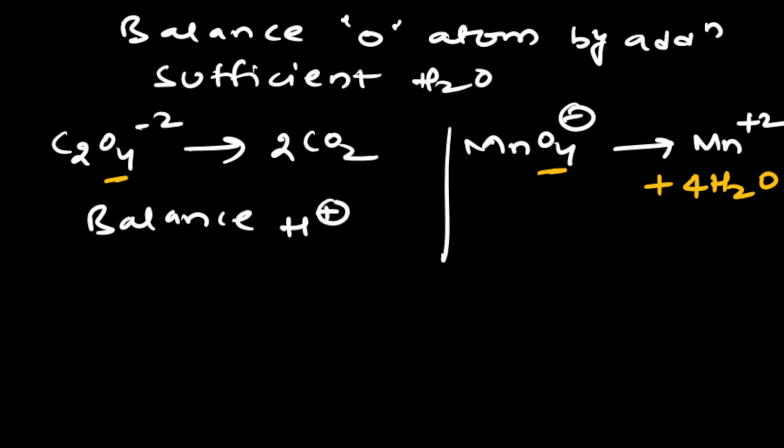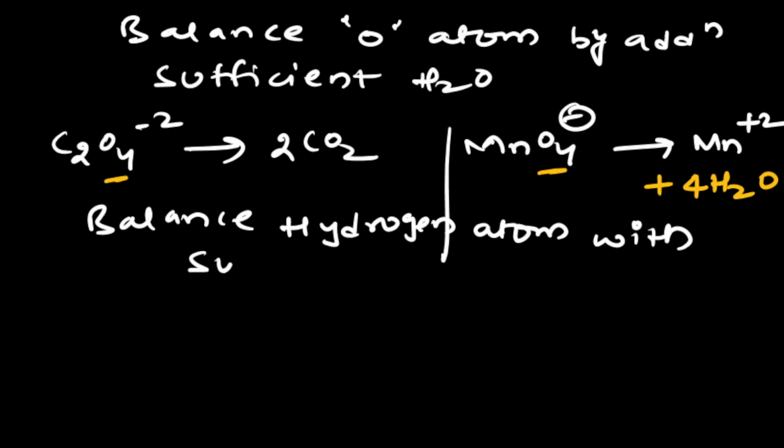Next, balance the hydrogen atoms with sufficient H+. Now, how many hydrogen atoms do we have in C2O4 2- gives rise to 2CO2? No hydrogen atoms in this case.